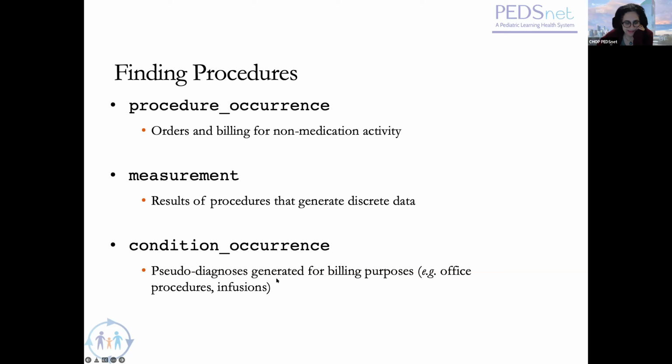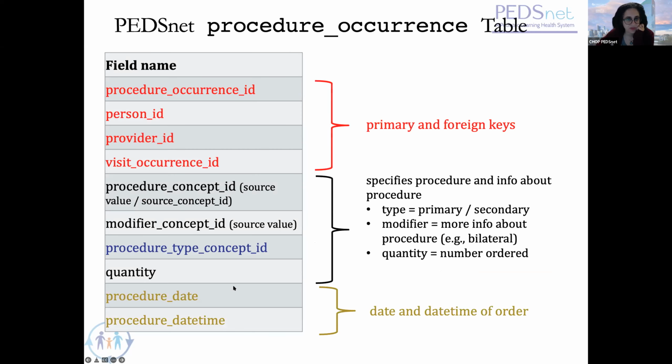And sometimes the condition occurrence table will have diagnoses, like, for example, a kidney biopsy is a procedure occurrence, but often these are diagnosis codes as well. So sometimes it's interesting where these end up.